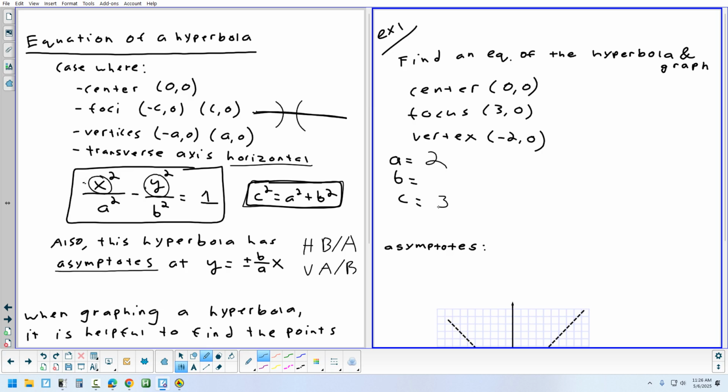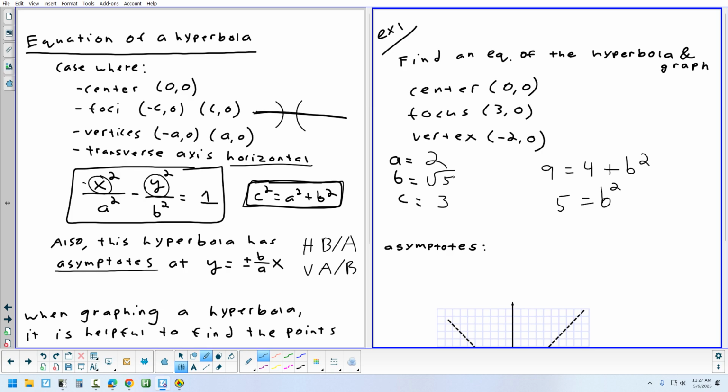C squared equals A squared plus B squared. So we're going to get B squared is 5, which means B is the square root of 5. Again, what do you really need in the formula? You need B squared to write the equation. But I wrote down B.